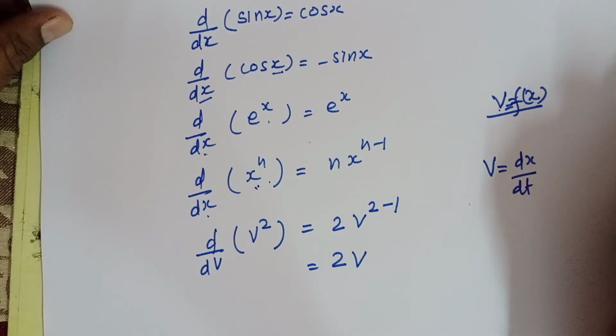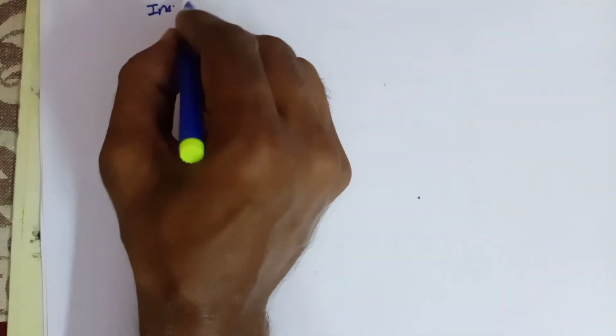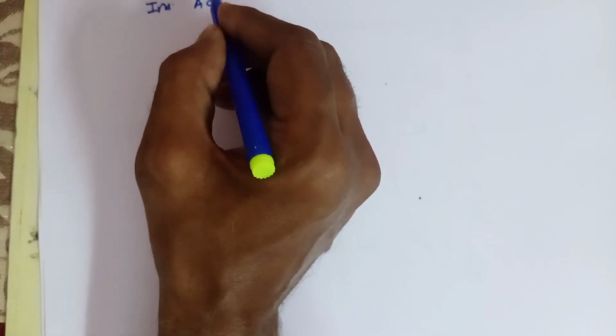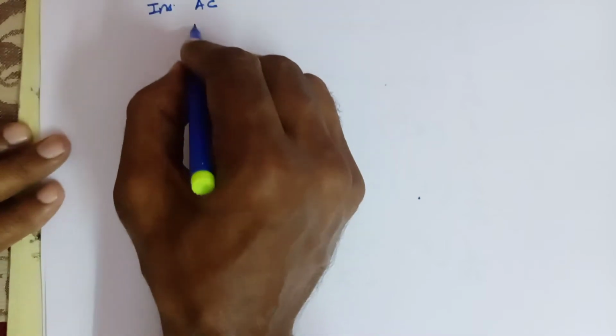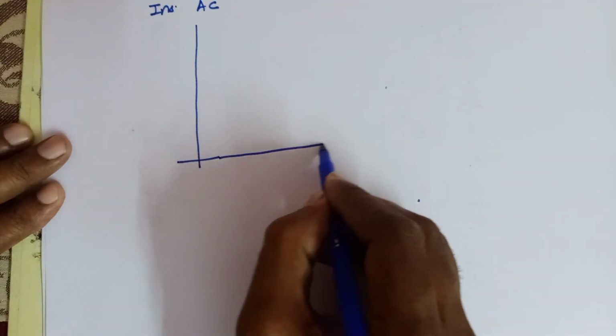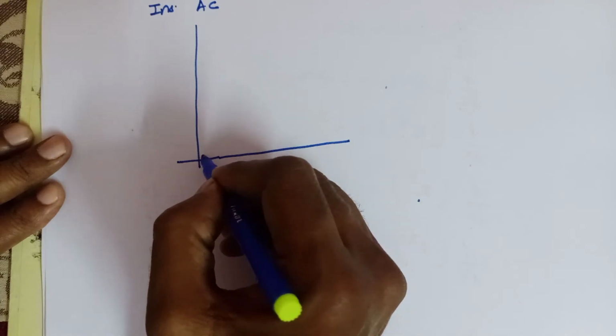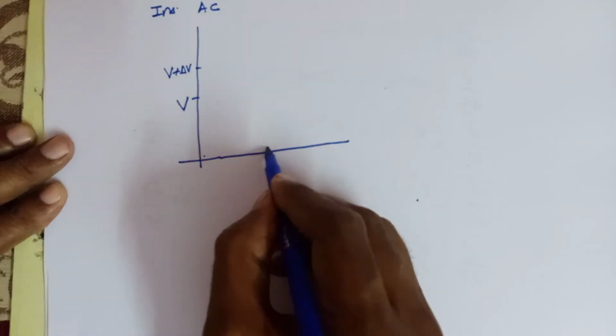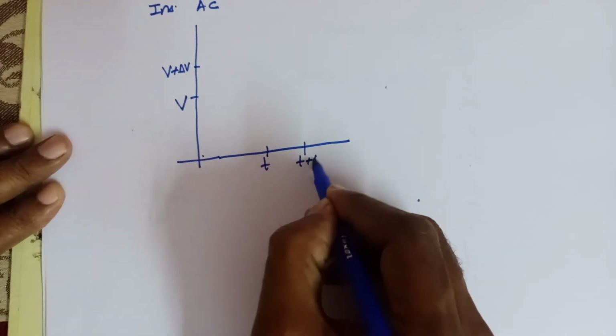Now, what is the acceleration? Suppose you want to calculate the acceleration at one particular instant, then that instantaneous acceleration also we can calculate. To calculate instantaneous acceleration, draw one graph, and that graph will be the velocity time graph. Suppose the particle is going like this, its velocity is here v, and here v plus delta v, and here time is t, and time t plus delta t.